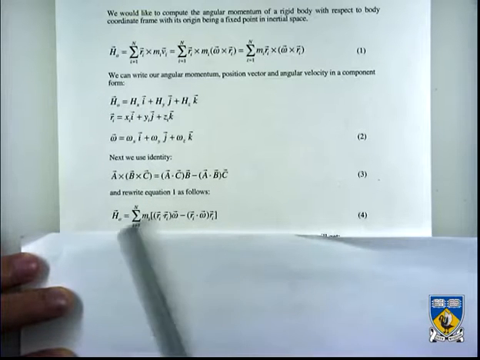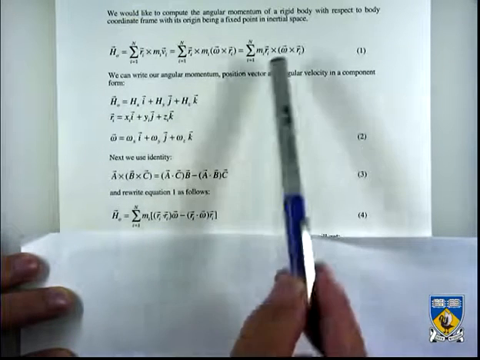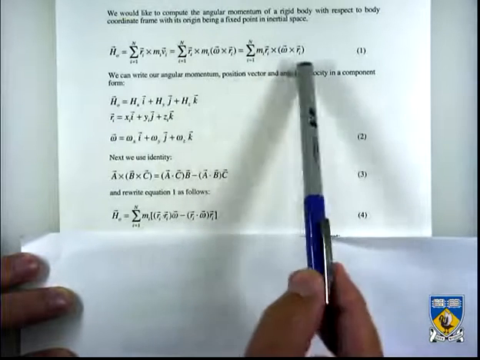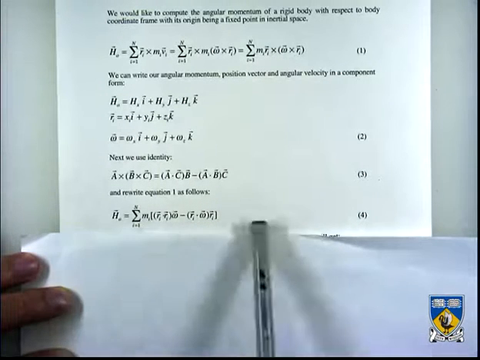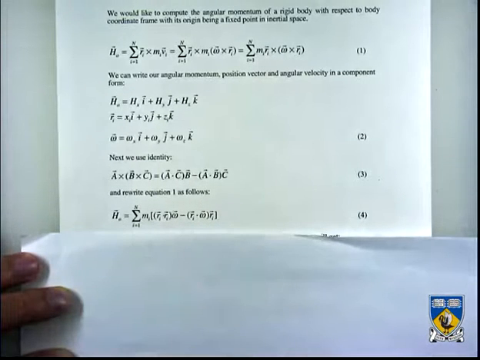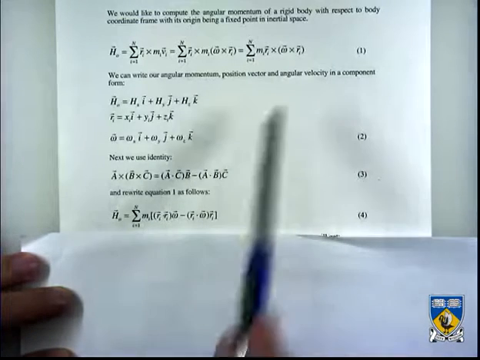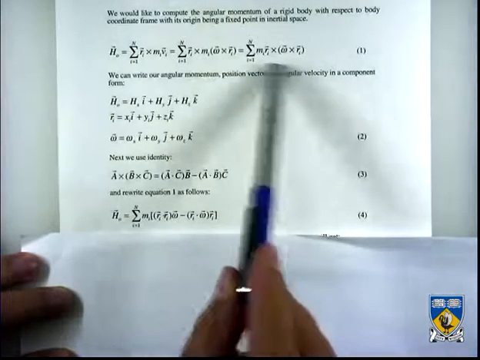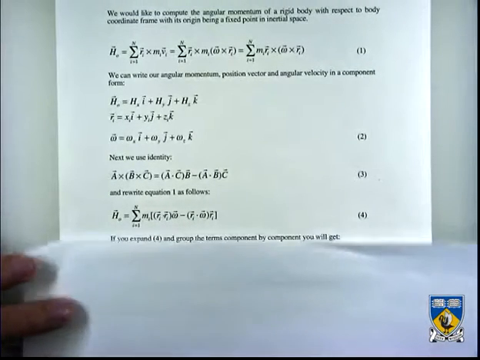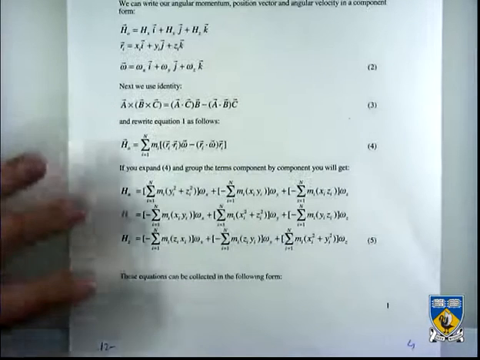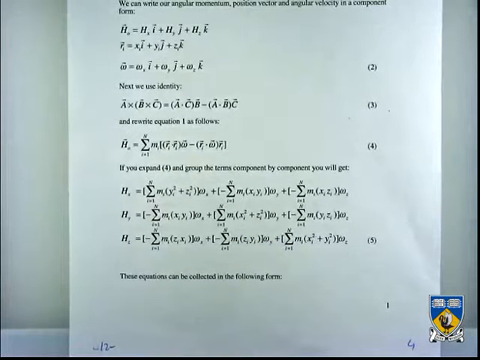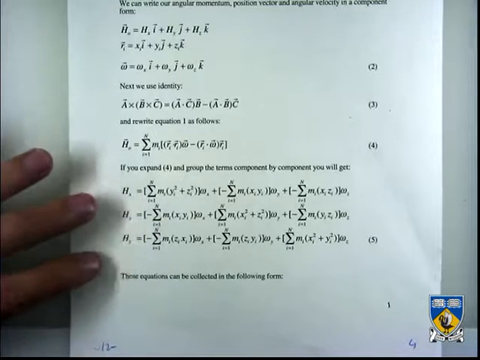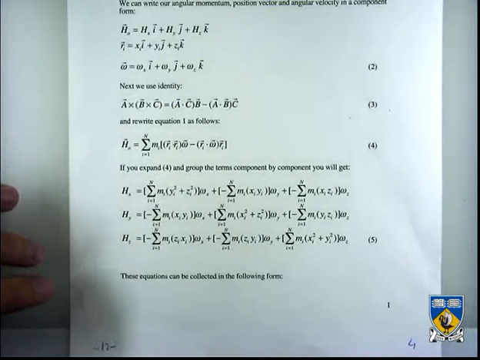Which means we will use this identity for these two guys. Okay, and we end up with something like this. So this is direct application of this identity to this guy. Okay, and then if we expand and write it down component by component, we end up with something like this.